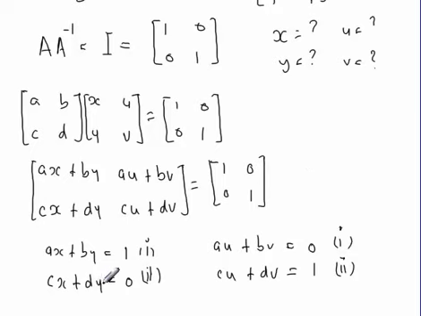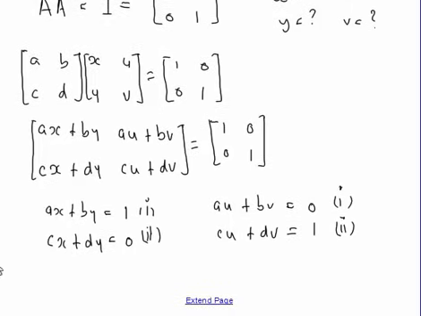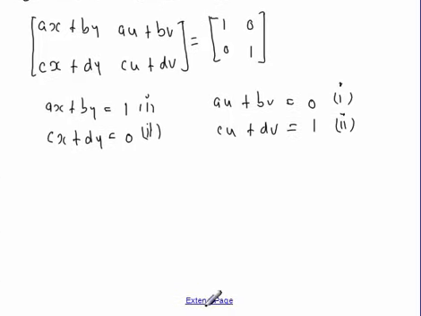So let's take these one by one and solve them. Let's solve for X and Y. I'm going to use a simple method which you know from school, the method of elimination.